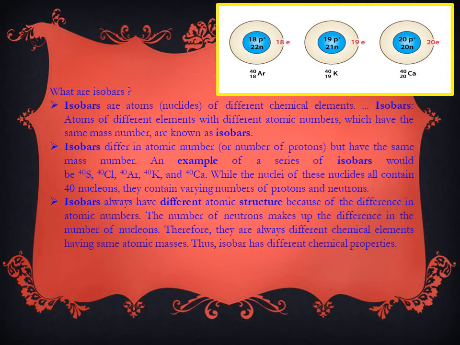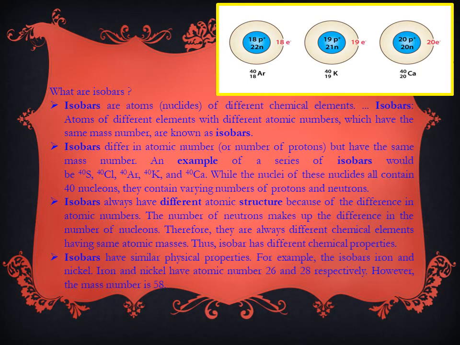Thus, isobars have different chemical properties. Isobars have similar physical properties. For example, the isobars iron and nickel. Iron and nickel have atomic numbers 26 and 28 respectively.